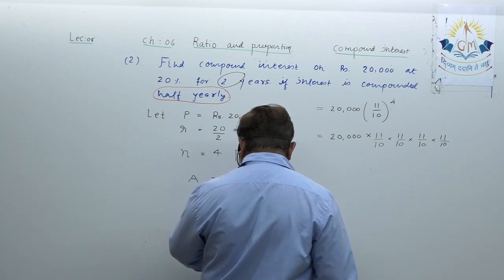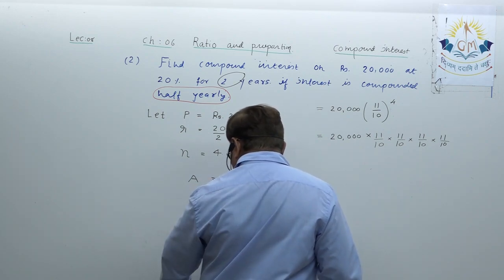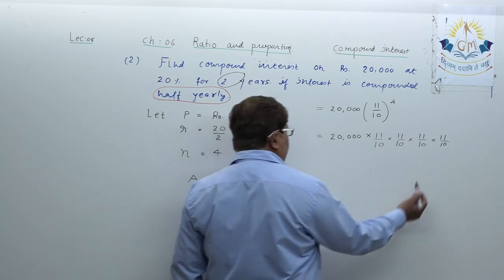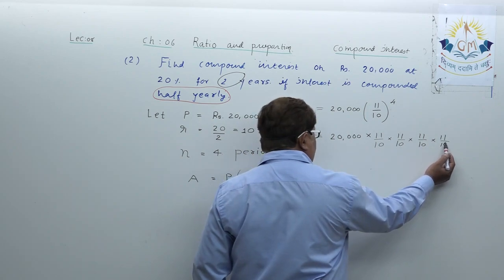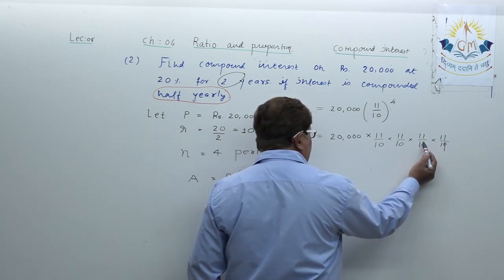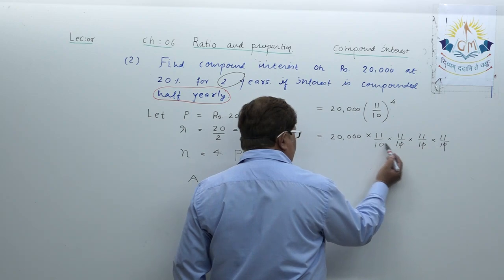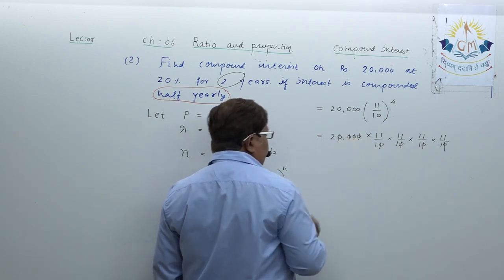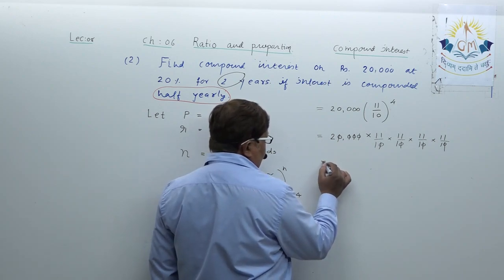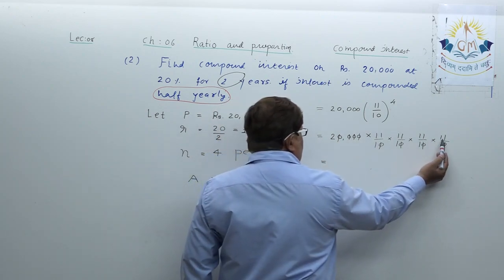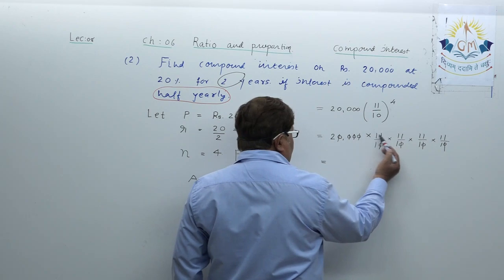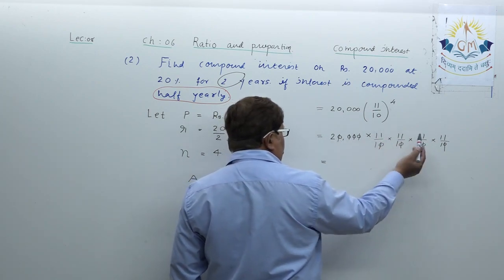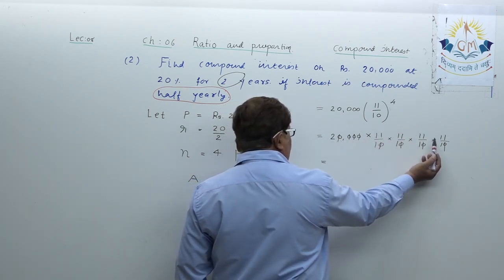Now, as you know, further cancellation: 0 0 0 0, 4 zeros are cancelled, dear student. 11 11 11 11 in numerator, nothing in the denominator.